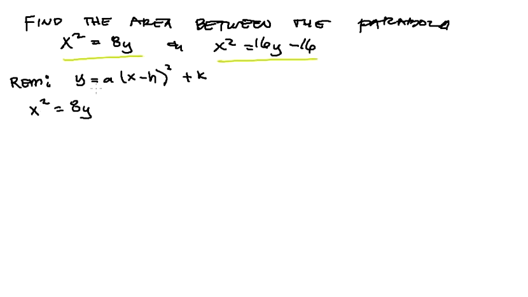We have y is equal to x squared all over 8, or 1/8 x squared. As you can see, our h is 0 and our k is also 0, so our vertex is at the coordinate (0, 0). So V is equal to (h, k).